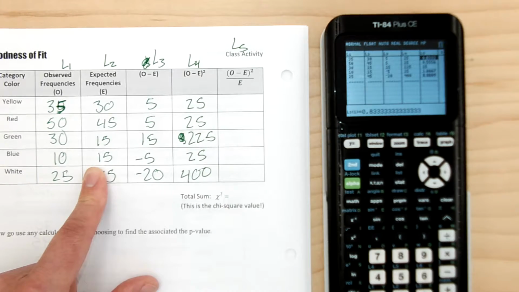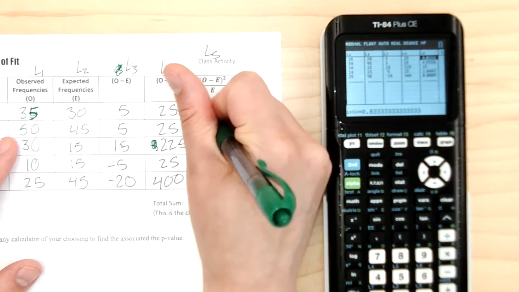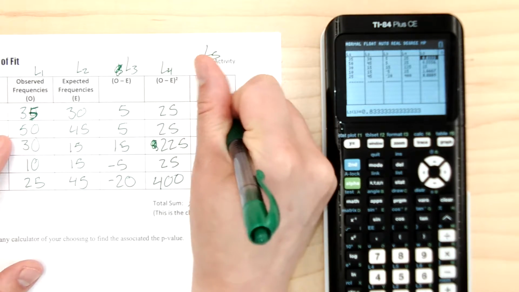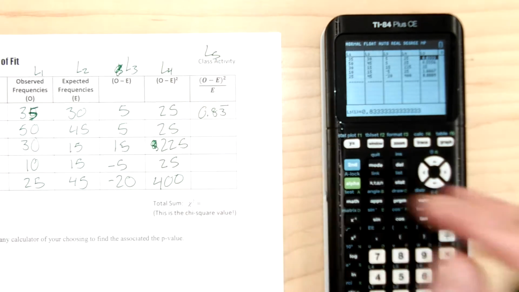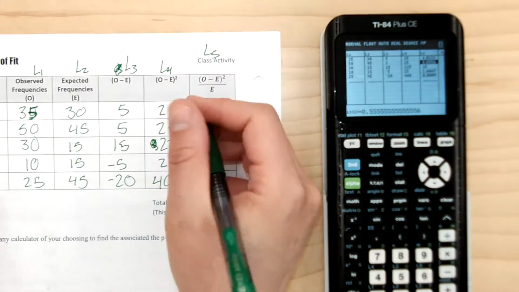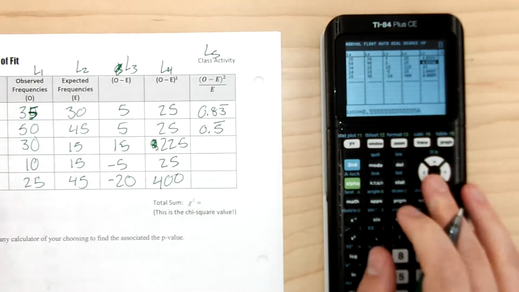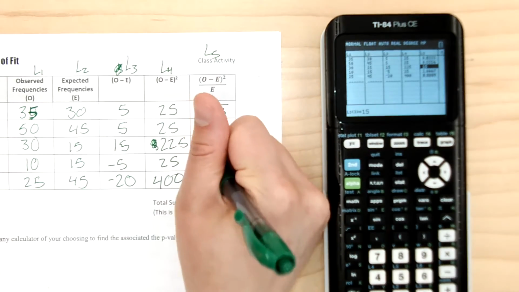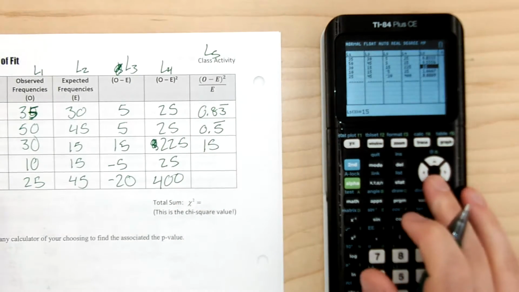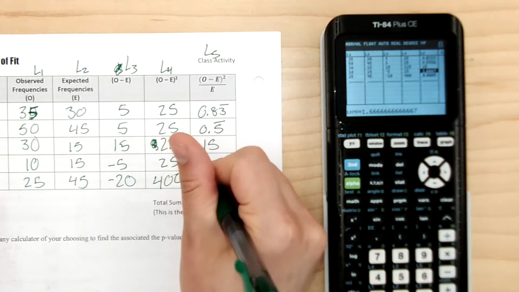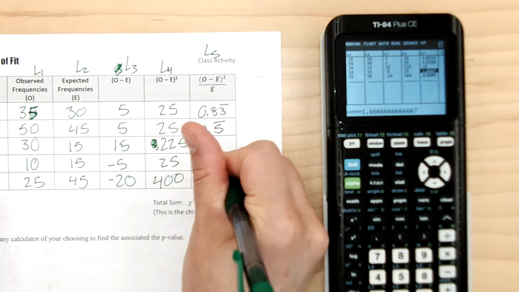I'm going to hit enter. And now it gives me a whole bunch of itty bits. So this is 0.83 repeating. And remember, these are your residuals. These are the parts that add together to give you your chi-squared. We're going to have a big chi-squared.